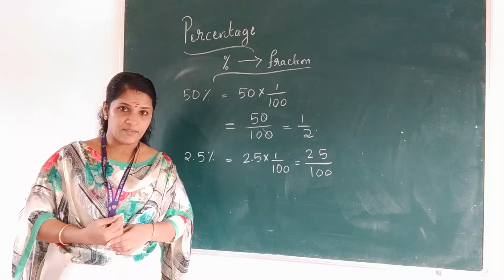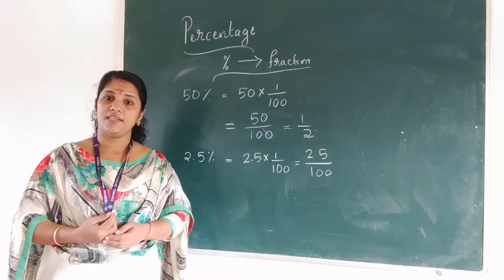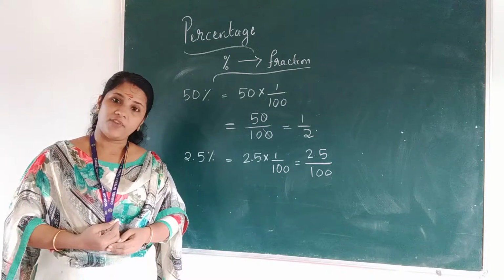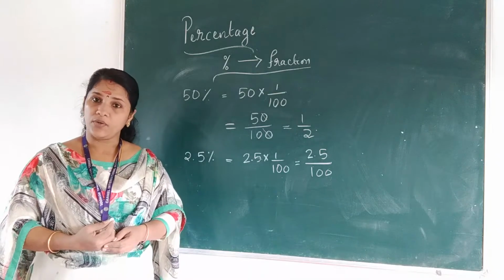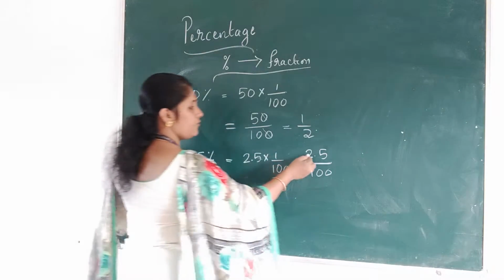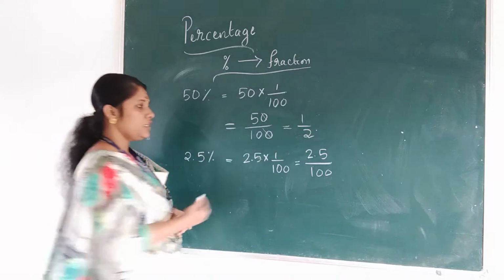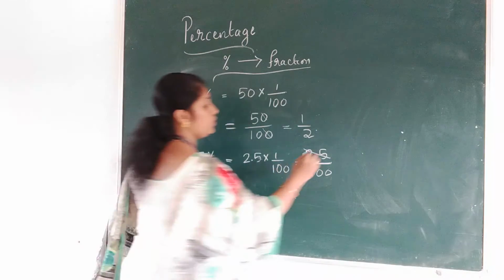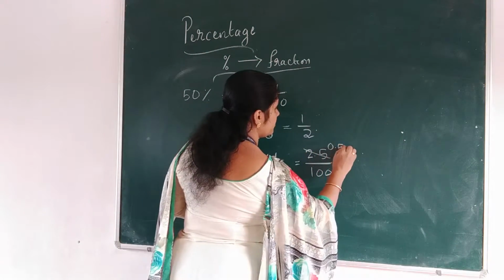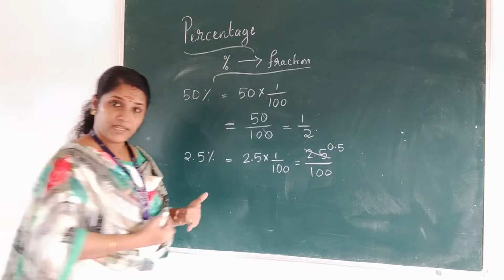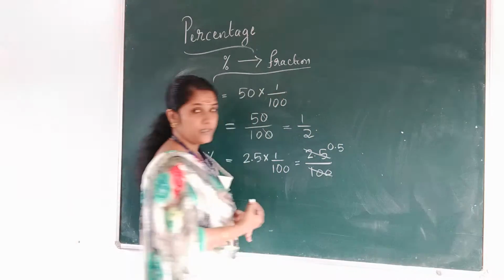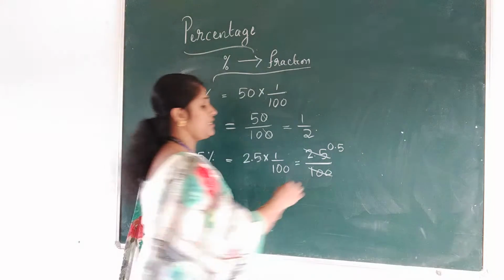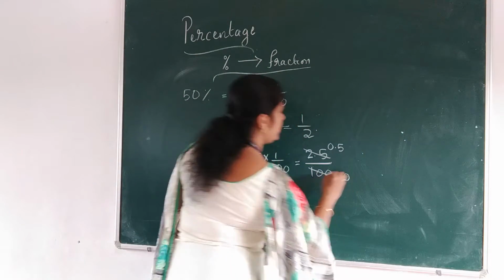Numerator, there is a decimal number. Denominator, it's 100. But we have to remove the common factors also, right? How will we do it? 5 is the common factor, right? So, 2.5 divided by 5 will give you 0.5. Denominator again, 100 divided by 5 is 20.